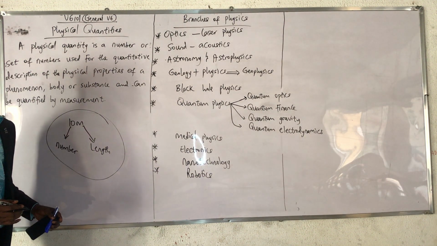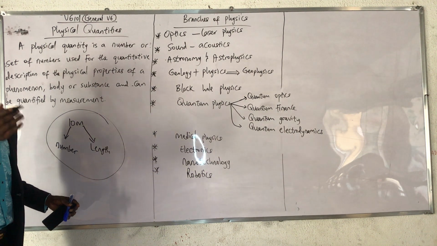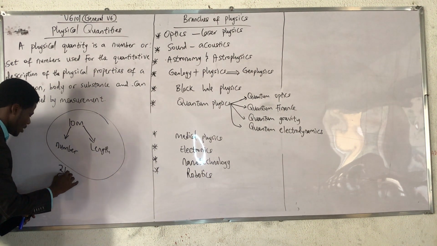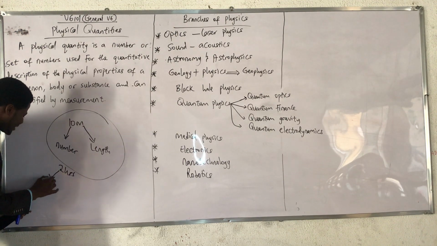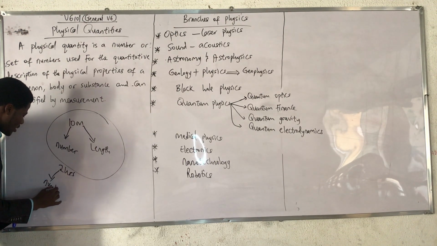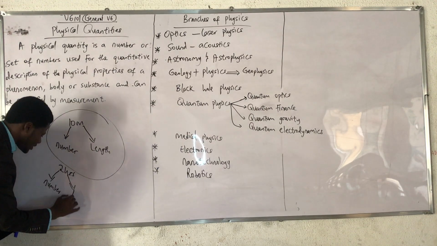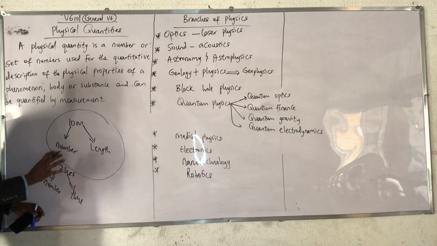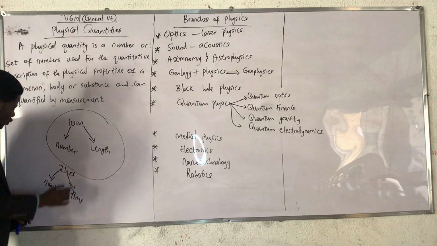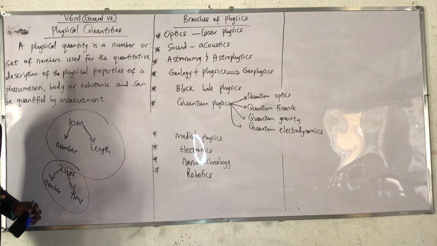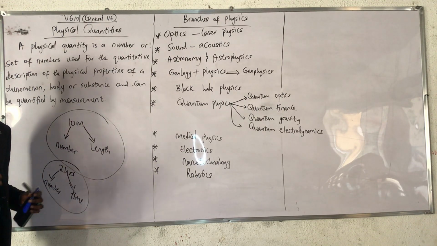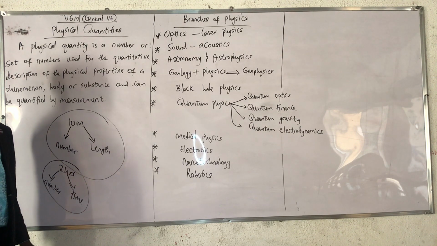If I say 2 hours, the 2 is the number, while the hour is talking about time. So it tells us that the physical quantity we are dealing with here is time. So together now it gives a well-defined meaning of a physical quantity.